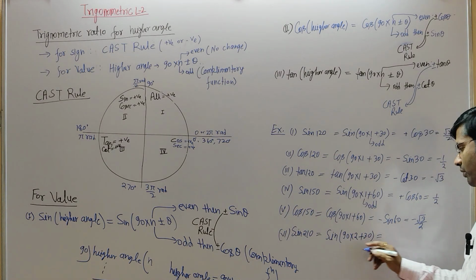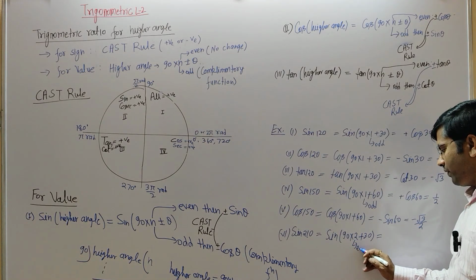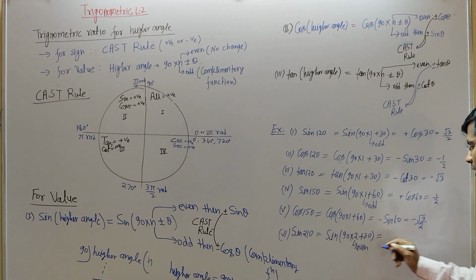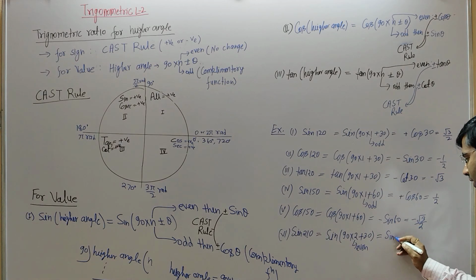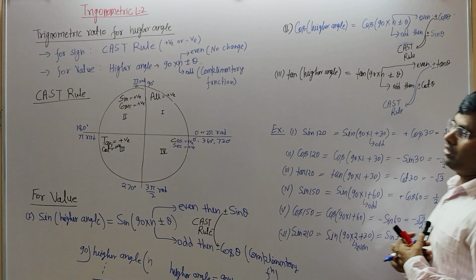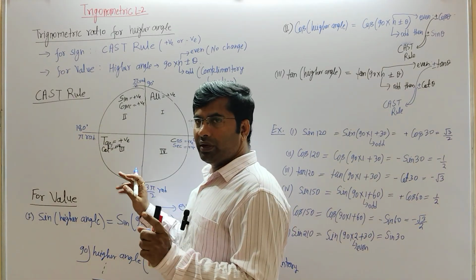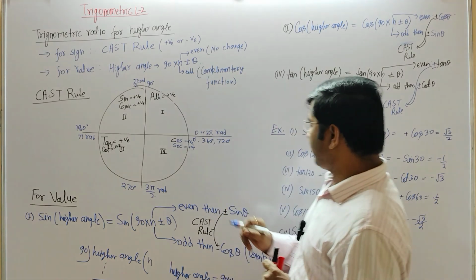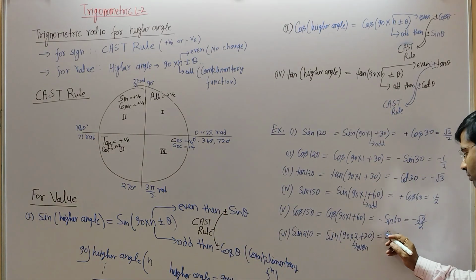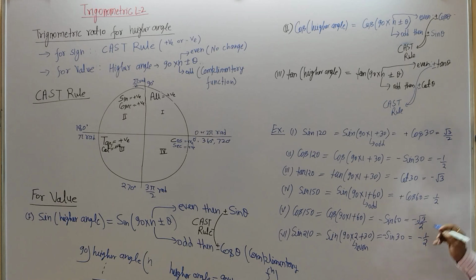So we can write 90 into 2 plus 30. Now this n is even, and even means we will not change it, sine will remain sine, with 30. Now 210 is greater than 180 and less than 270, so it will be in the third quadrant. In the third quadrant, sine will be negative. So this will be negative sine 30, so minus 1 by 2.